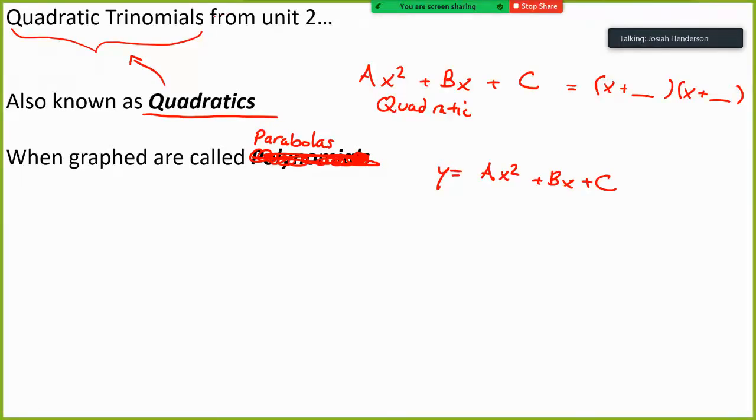So we're going to dig into these today and look at the different parts and look at the beginning of how to graph them. They're going to make this shape. This is the parabola shape. It's kind of like a U or a bowl shape. Maybe it's facing up, or maybe it'll be facing down.